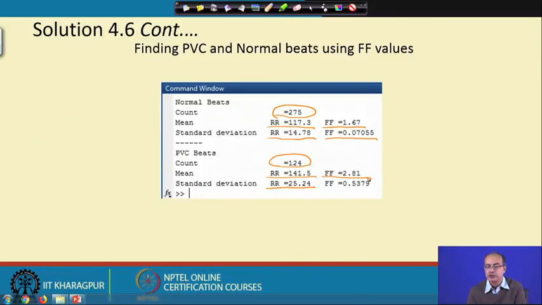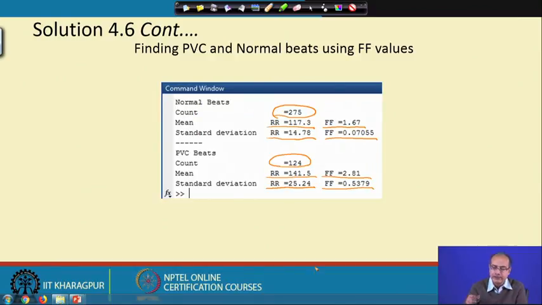So, the difference is more than 1 in the average value, and the standard deviation, though small, is in the first decimal place, it is 0.5. So, the form factor for the PVC is much higher, and not only that, the variation is also bigger in this case.